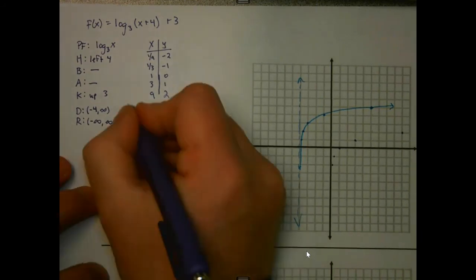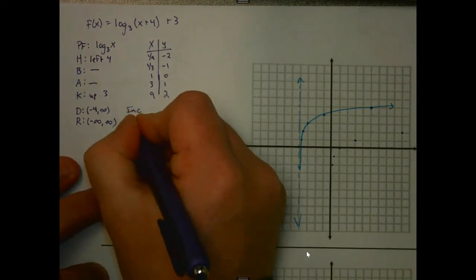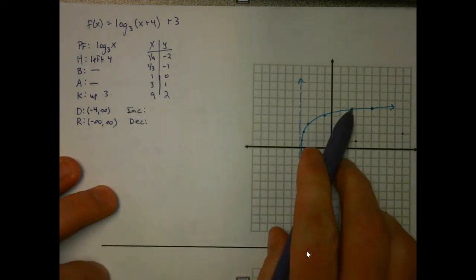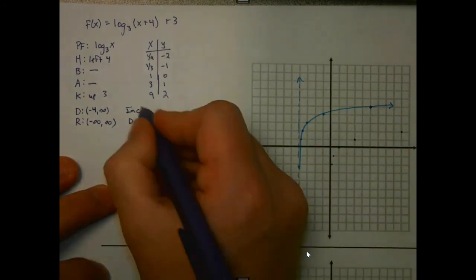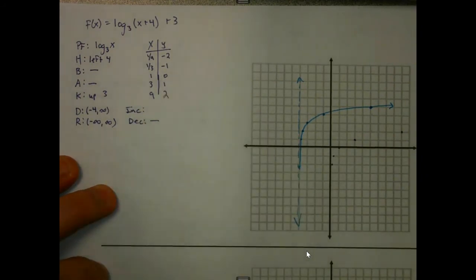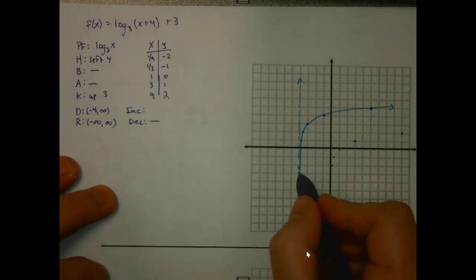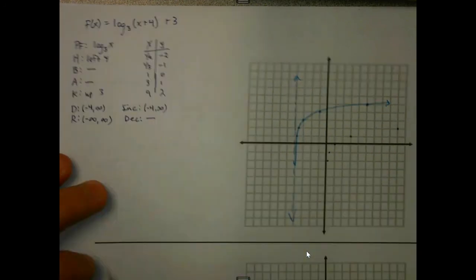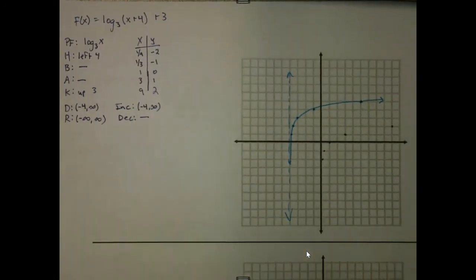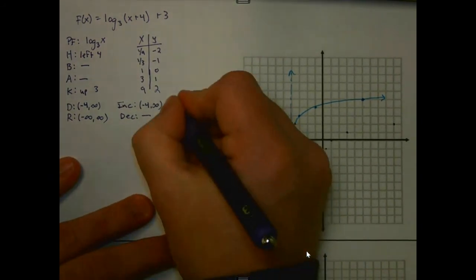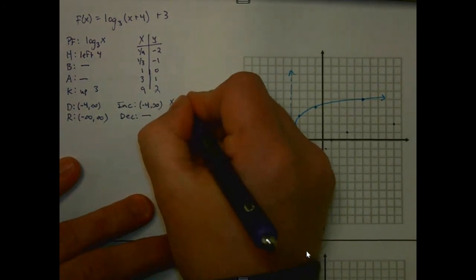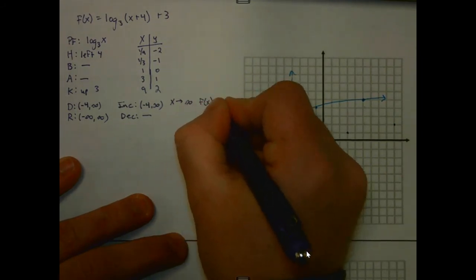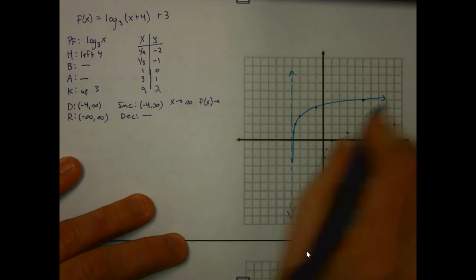Okay, where is this thing increasing or decreasing? So if we look, it always has a positive slope going across here. So it is never decreasing. It is increasing, though, from -4 to infinity. It doesn't do anything below -4. In end behavior, as x goes to infinity, f of x also goes to infinity because it's going up.